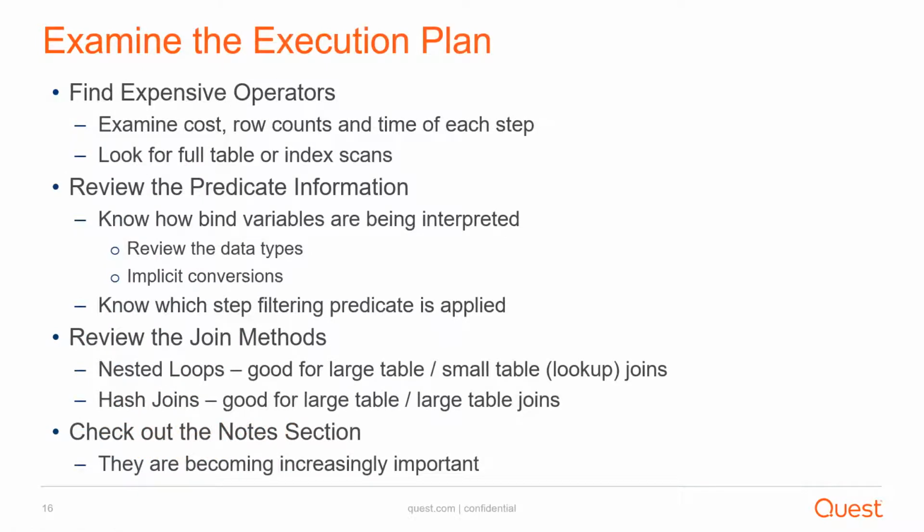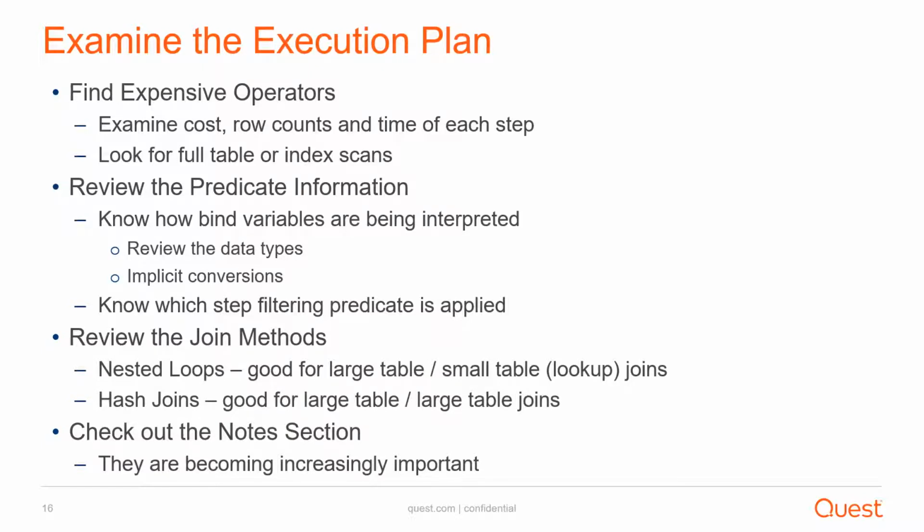Okay, so once we get the execution plan, we have to examine it and look for expensive operators. Not that costs matter, it's just that I compare all the steps and see which are the most costly, and look at the row counts and the time of each step. I also look for any expensive steps like full table scans or index scans. Not that they're always bad, but you want to make sure that if you're doing index scans or table scans, they're warranted.